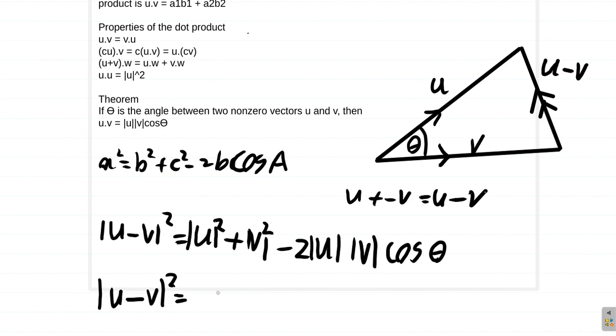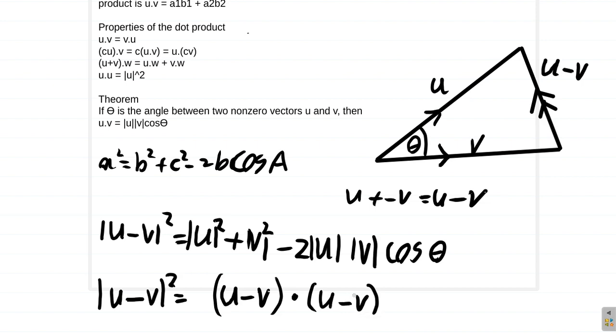The magnitude of the vector u minus v squared is the vector u minus v dot, in brackets, u minus v.